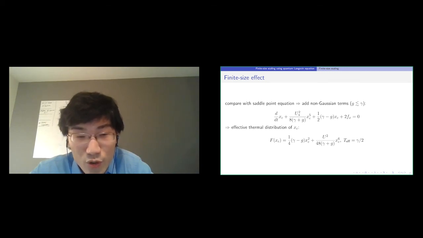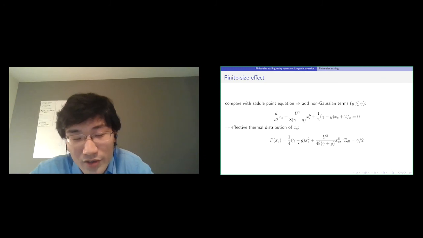So when u goes to 0, this term does not exist. But for any finite size effect, u is not 0. This one will matter. So now you can see that the free energy has a higher order potential, that's x classical to the power 6.